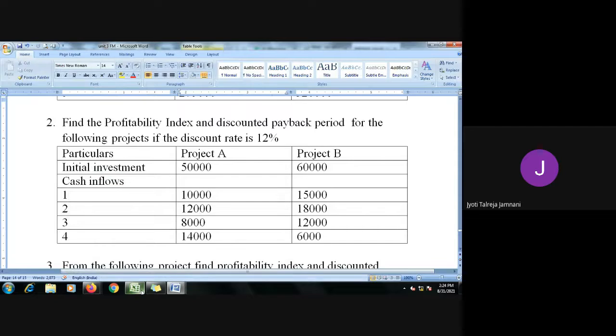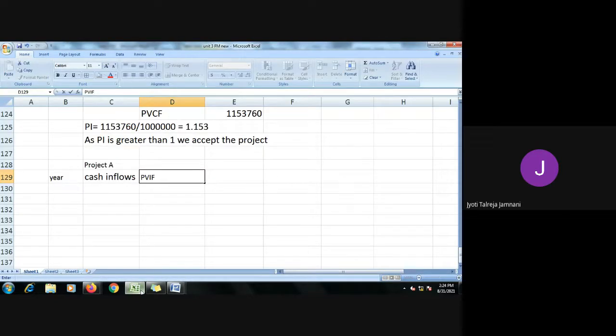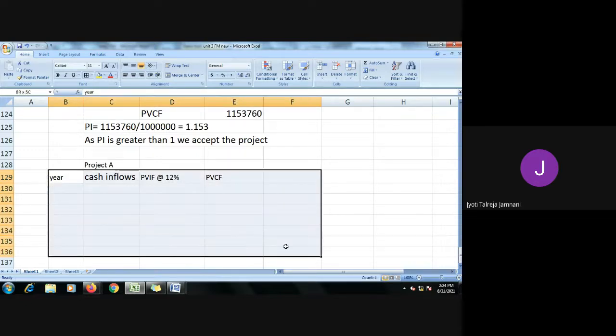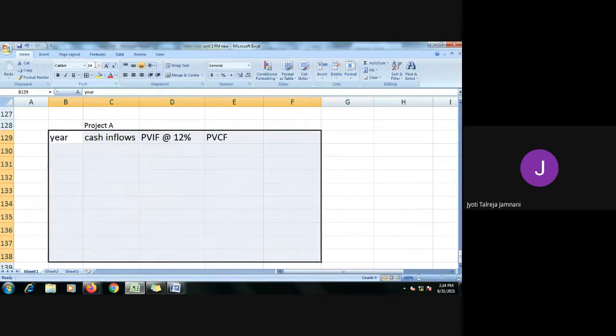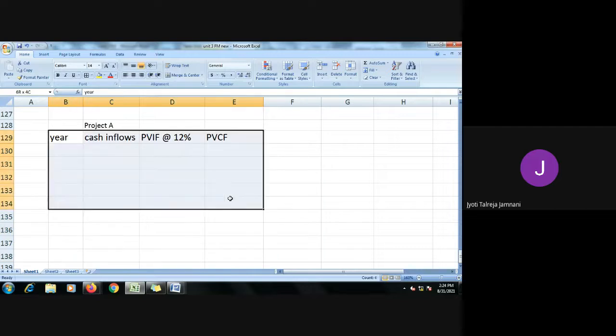It is at 12%. So at 12% and present value cash flows. After this also we will need one more column. So if you're doing it along with me, please draw one more column after this. What is that? I'll tell you later when we do discounted payback period.